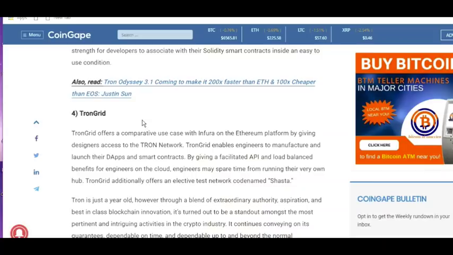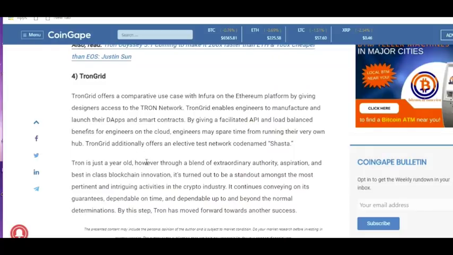Tron Grid enables engineers to manufacture and launch their decentralized applications and smart contracts. By giving a facilitated API and load balance benefits for engineers on the cloud, engineers may spare time for running their very own hub. Tron Grid additionally offers an elective test network codenamed Shasta.